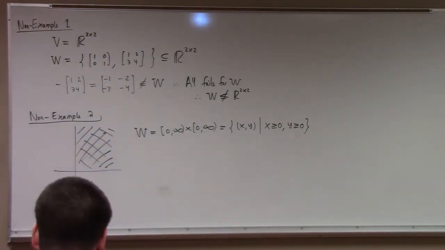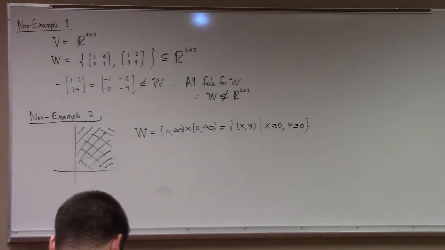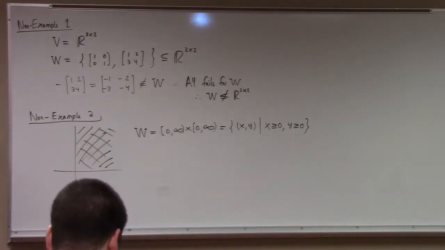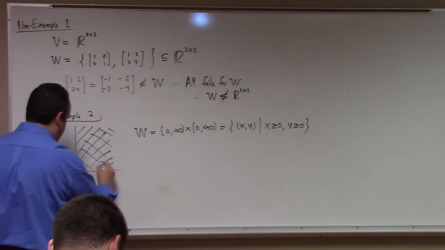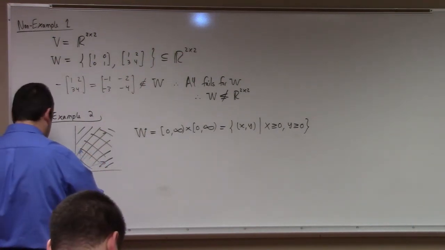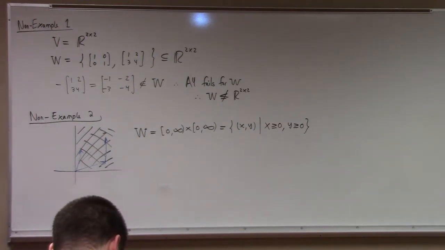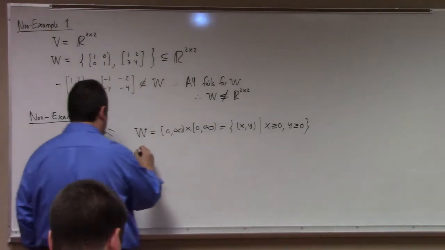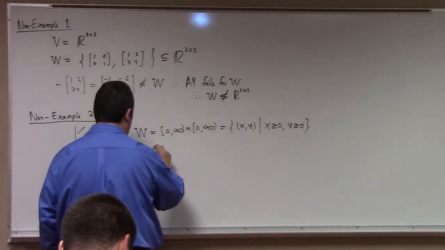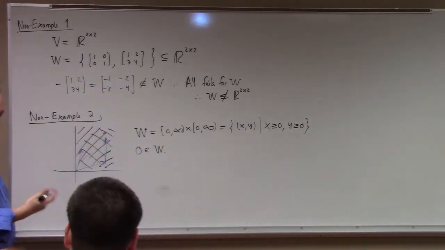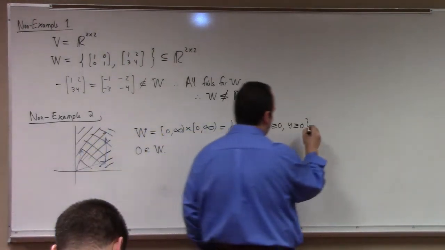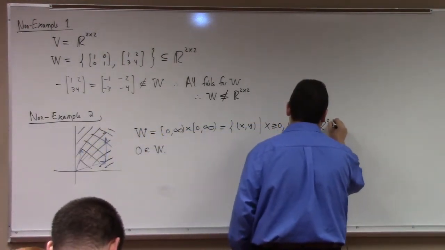This has many nice features. It is closed under vector addition. You take the sum of two vectors in there, you're still in there, right? Like at this one, like at that one. It gets you to this one, and so forth and so on. Zero's in there, right? Zero's an element of W. Yay. Clearly W is a subset of what? R2.